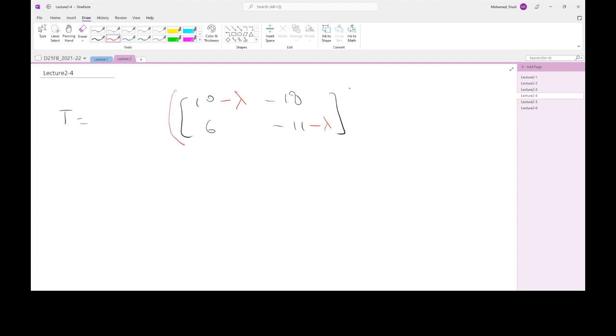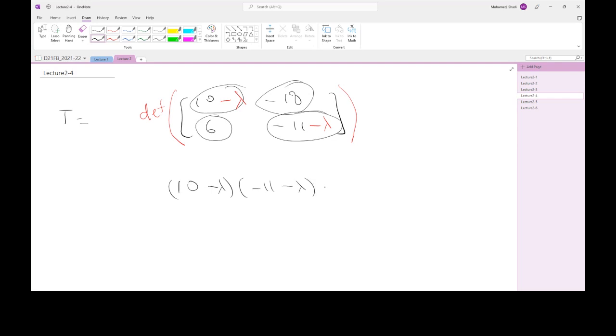So the determinant of this is equal to 0. Now the determinant of a 2 by 2 matrix is this one multiplied by this one minus this one multiplied by this one. So it is (10 minus lambda) multiplied by (minus 11 minus lambda), and then you subtract minus 18 multiplied by 6. All right, this is the determinant of the T tensor.